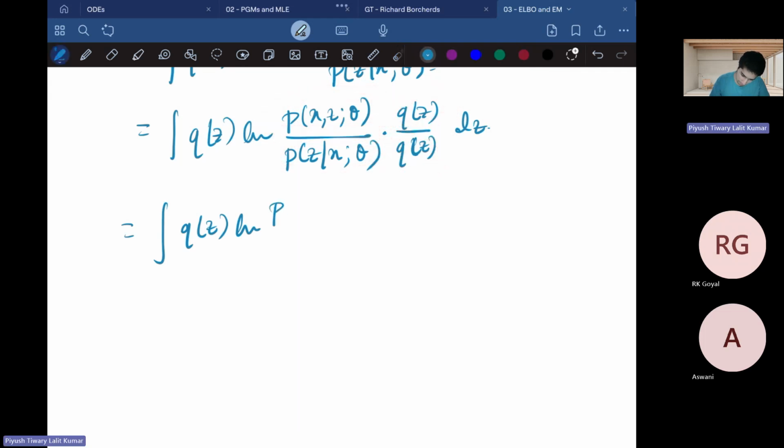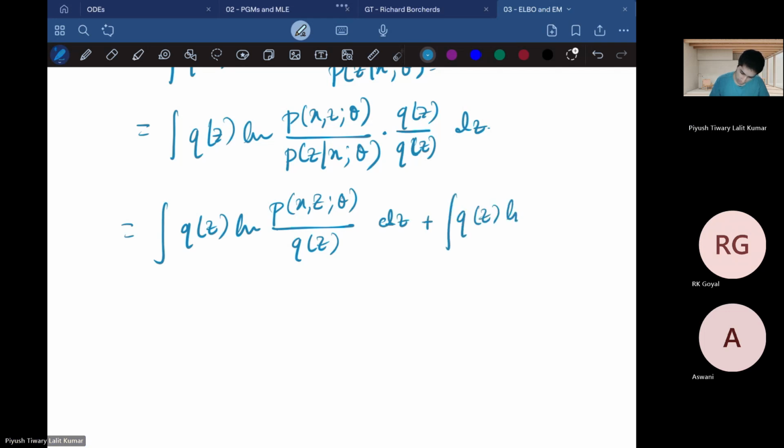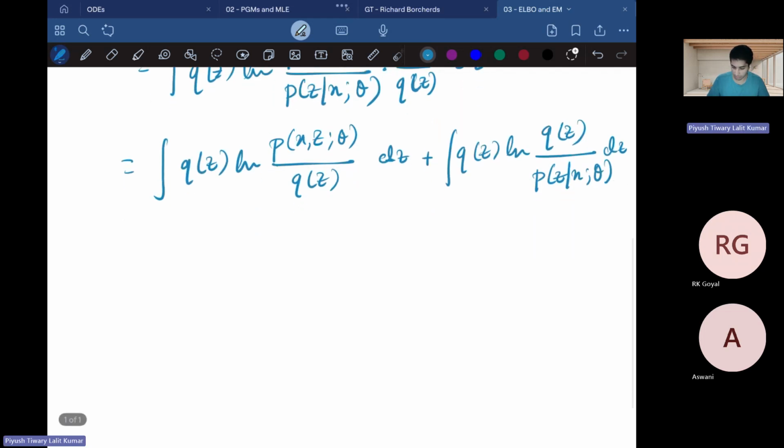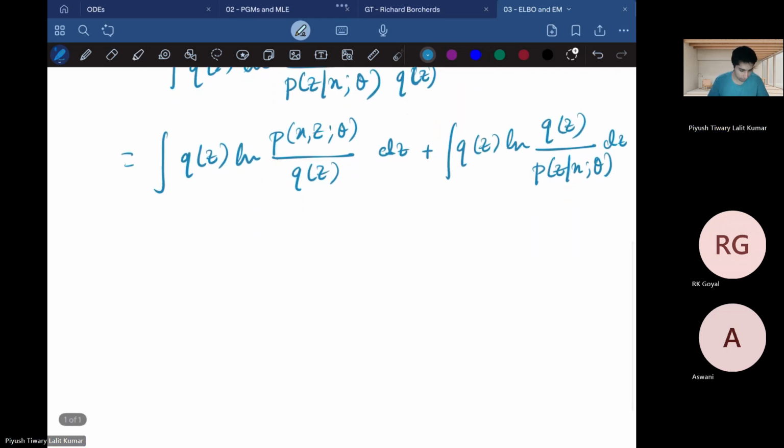So this will be p of x comma z given theta divided by q of z, right? dz plus integral q of z log q of z divided by p of z given x theta dz, right? These are the two terms that we have, right?